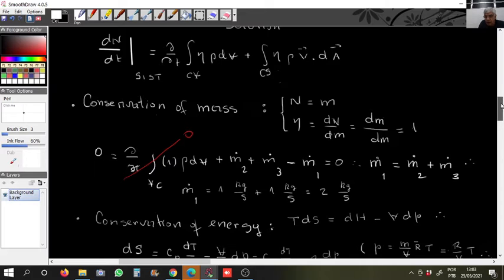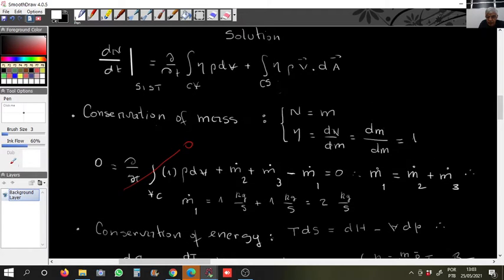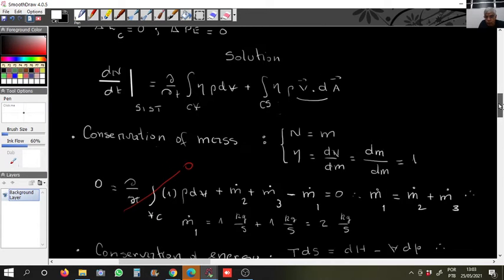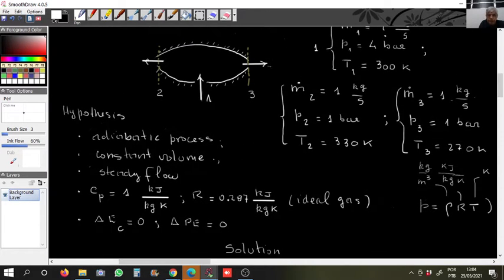Look here at the sign. It will be positive when we leave the surface, and negative when we enter the surface. Why? Because the vector dA points out of the surface, and at section 1 dA has the opposite direction of the velocity.